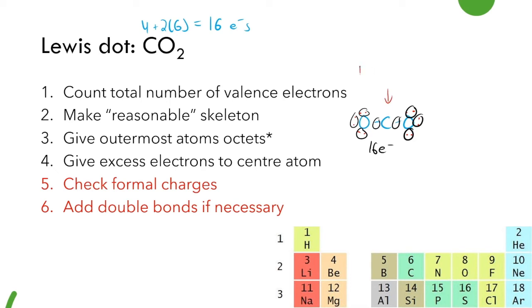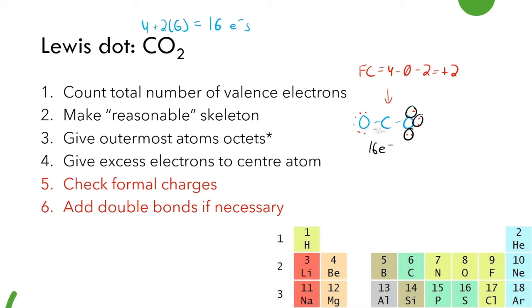But when we do that formal charge calculation for carbon, we find that it's 4 minus the number of lone pair electrons, 0, minus the number of bonds, we find that it has a formal charge of +2. That's not very good. We want atoms to have a formal charge of 0 if possible. So let's see.